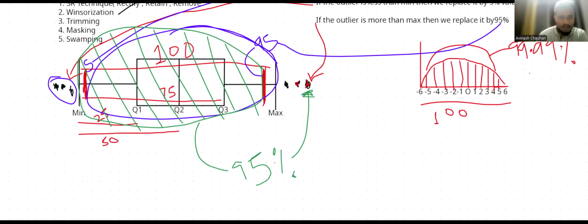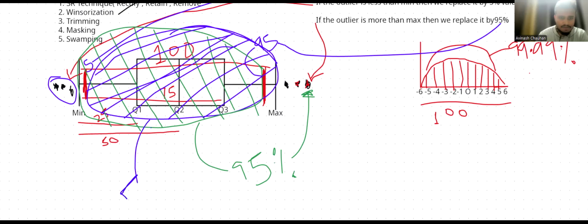And with respect to the 5% of data, the 5% of data will contain from here. Here, this means this is 5%. This is basically 5% of data, and we will replace the outliers with this value.